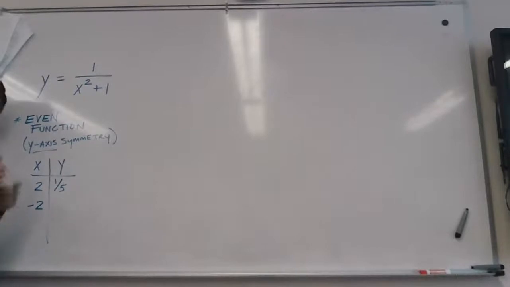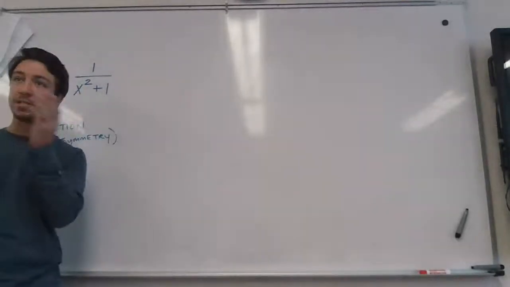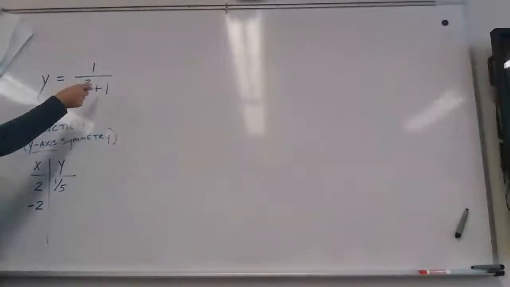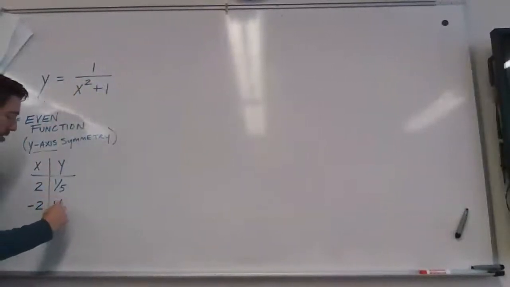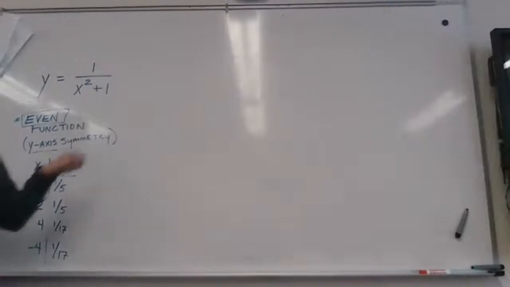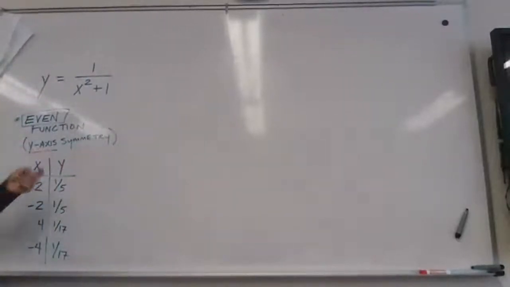Okay, -2. So think about the way axes work, right? There's 2, and then -2. Square it, add 1. You also get 1/5. This is what we're talking about. If you're wondering why I invented a new word, it's just easier, talking about a function, to say, oh, it's an even function.